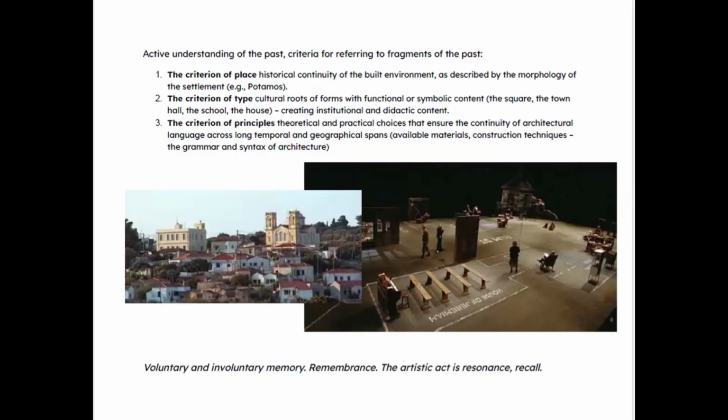Usually I didn't recognize. So on the left, there is pretty much the view from the barn in the village of Potamos. And I chose to show this picture because in this picture, you can see that the institutional buildings, the church and the town hall, are very dominant.